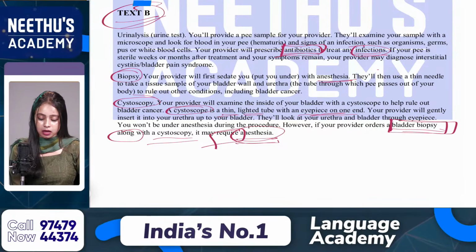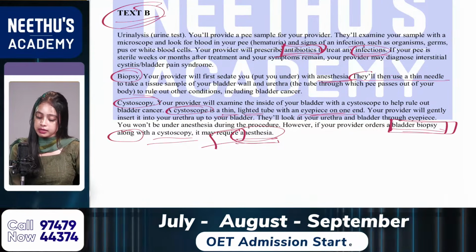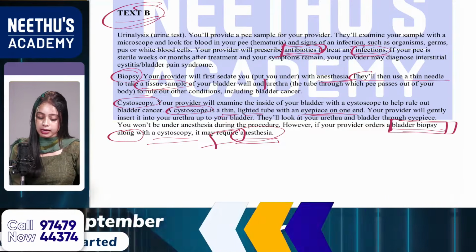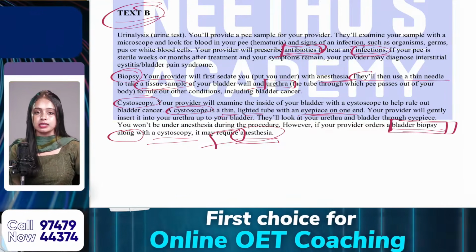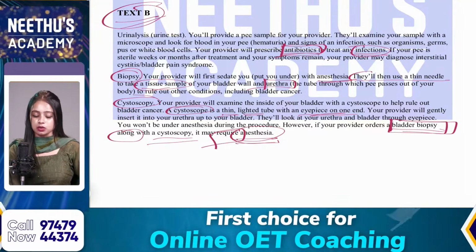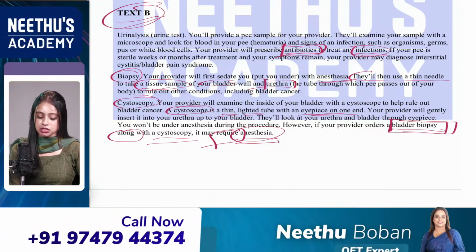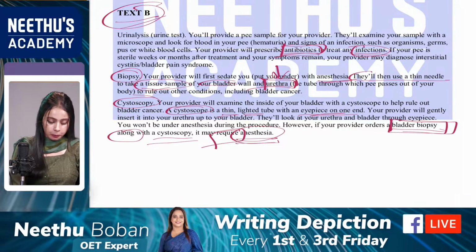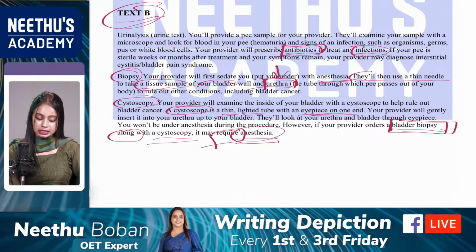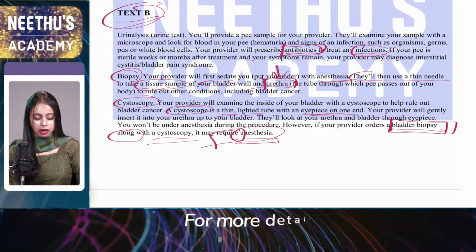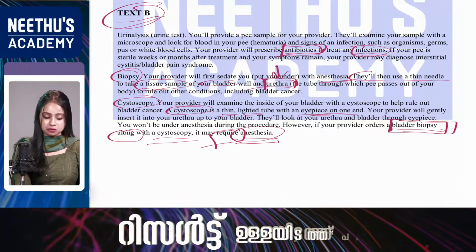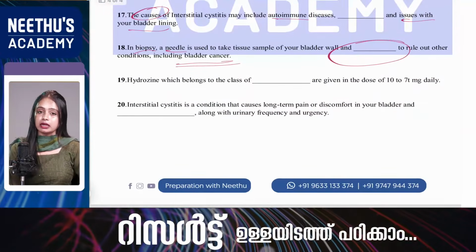See: then use a thin needle to take a tissue sample of your bladder wall and urethra. So that is mentioned here. The answer is urethra from text B. Very good. Okay, Radin, Tessie, Reshma, Zenith, Varsha, Ammu, Anu, Vidya, it is urethra.